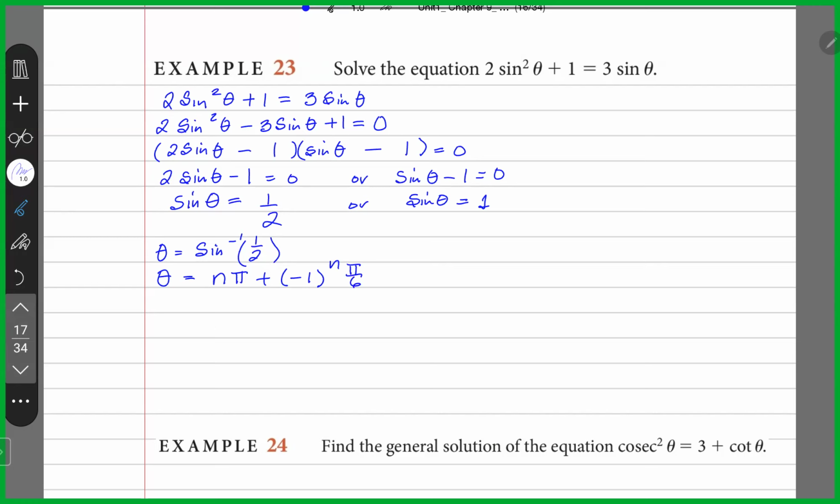Or I could write it in terms of degrees. Right now I'm writing it in terms of radians. In degrees, it would be 180 degrees n plus minus 1 to the n, 30 degrees.